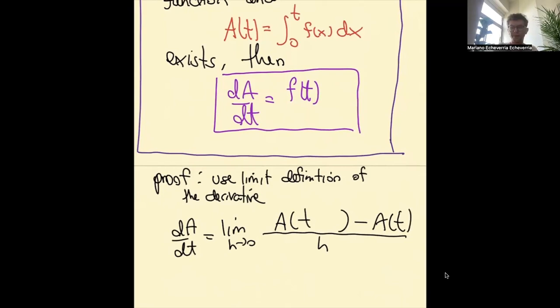In the limit definition of derivative, what goes into the first slot? A of what? T of what? Exactly. A of t plus h minus A of t. Yeah, exactly.